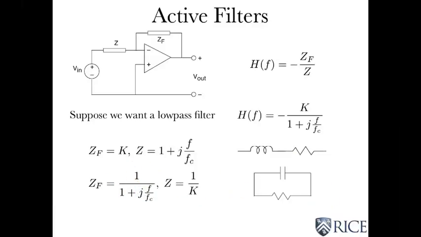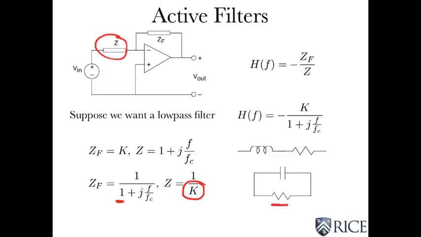So this is what I would like to put in the feedback circuit: a resistor in parallel with a capacitor. Well, right now we don't have very good values here. If we want a gain bigger than 1, that means the input here is a really small resistor, and I certainly don't like this 1 ohm resistor sitting here.